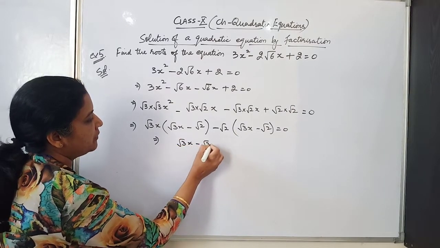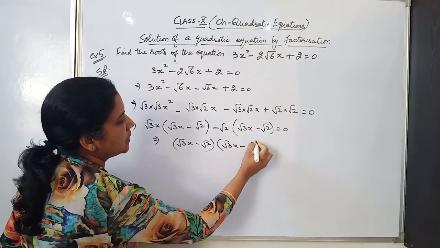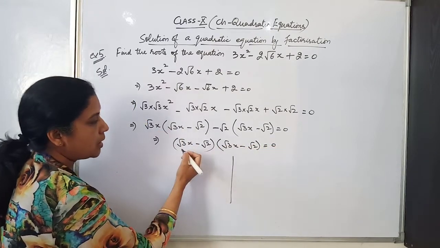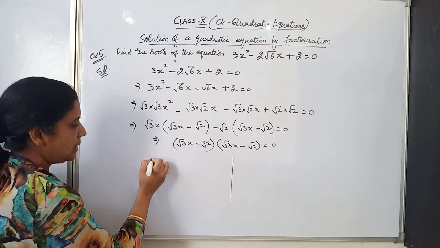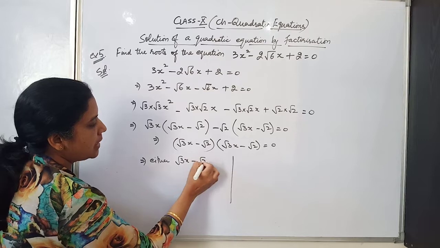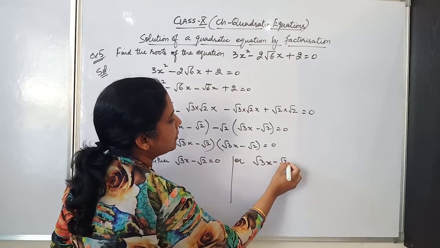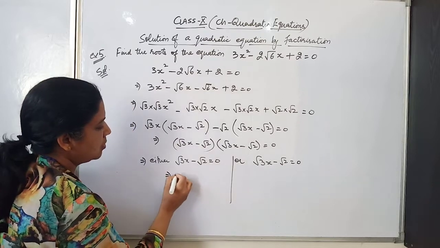Let's take this common factor out. The first term, and this is from the second term. The product of two factors is 0, so either has to be 0, either root 3x minus root 2 is equal to 0, or root 3x minus root 2 is equal to 0.